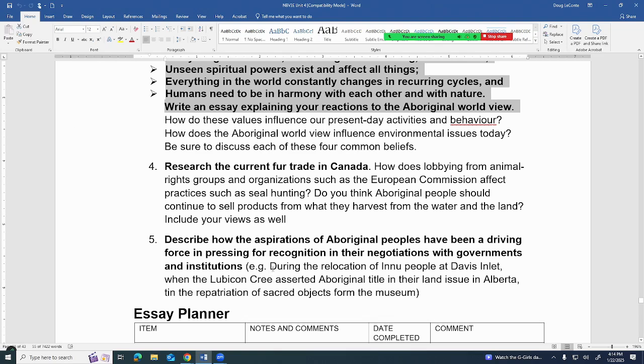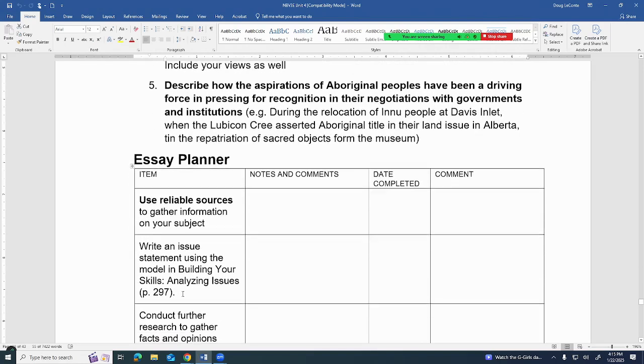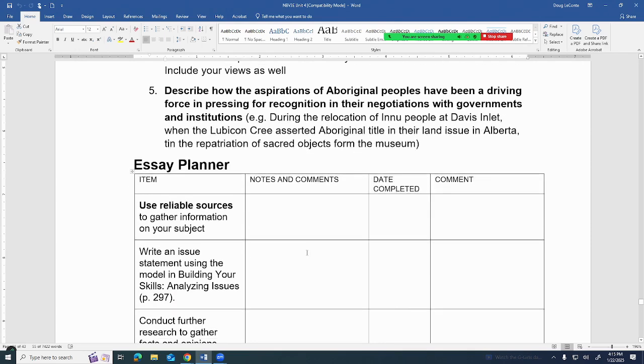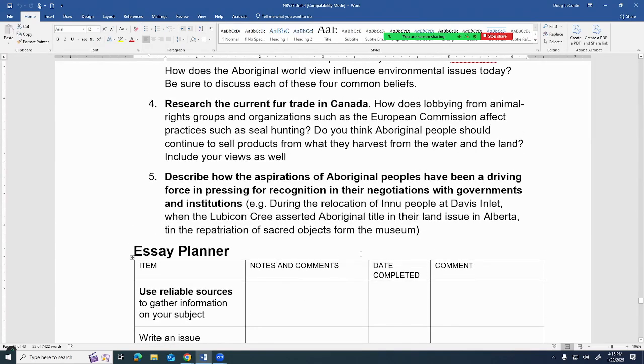So, for instance, during the relocation of the Innu people at Davis Inlet, when the Lubicon Cree asserted Aboriginal title in their land issue in Alberta, that led to the repatriation of sacred objects from the museum.